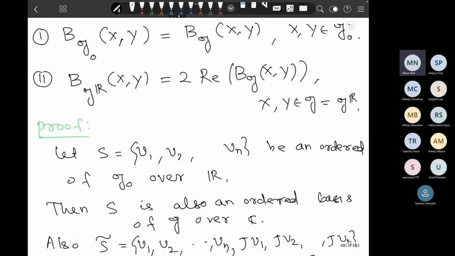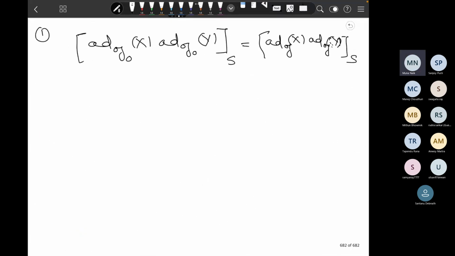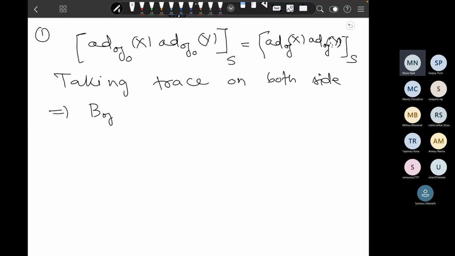Remember, S is a subset of G naught. Taking trace on both sides, we get B_G naught(X, Y) equal to B_G(X, Y), for X, Y belonging to G naught.